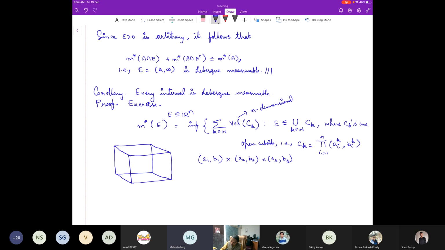Sir, can we replace cubes by spheres and get an equivalent condition? Yes, of course. Both are equivalent. You can even replace cubes by spheres and get the same answer. And in the same spirit, can I replace cubes by any convex solid?